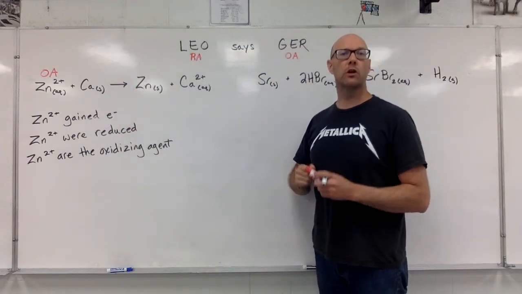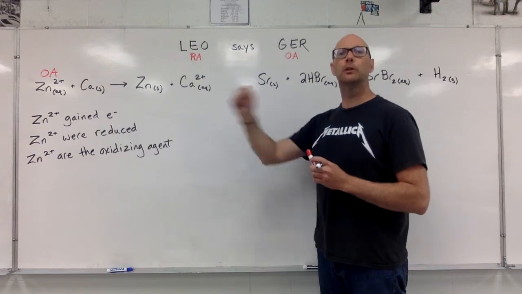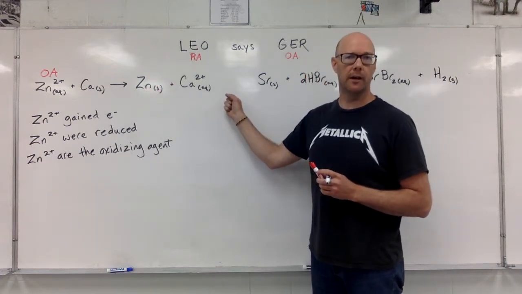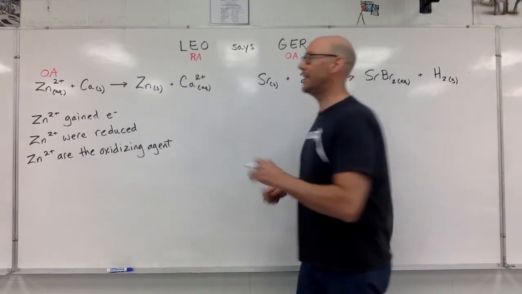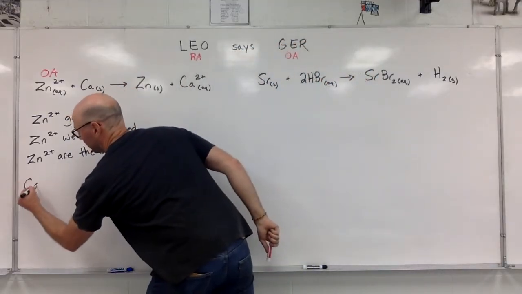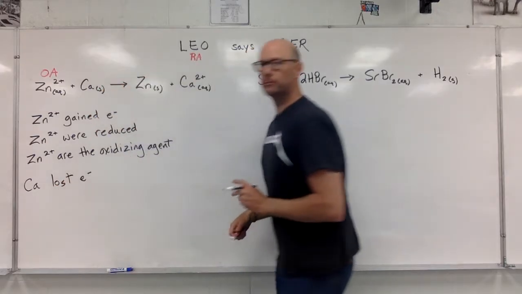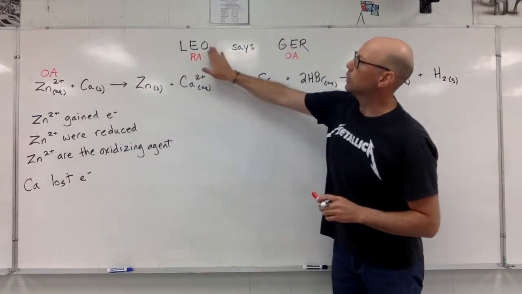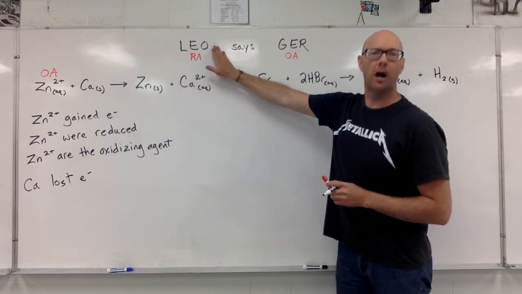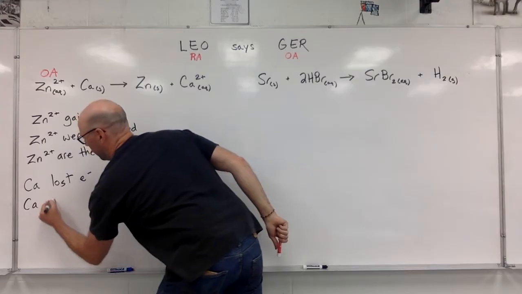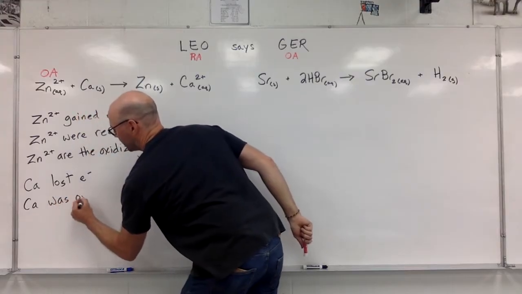Once more, because electrons are negatively charged, if we give some away, a neutral substance will take on a positive characteristic. This means that the calcium lost electrons. And a loss of electrons is oxidation. So, the calcium was oxidized.